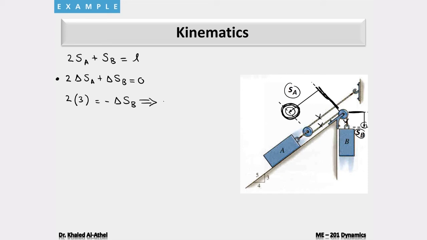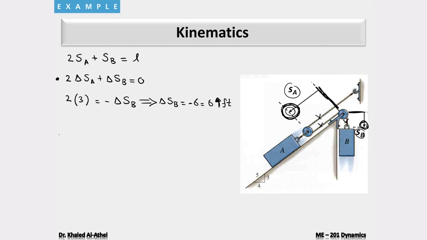This gives me that delta SB equals minus 6, or basically 6 feet upward. Because SB is positive downward, minus 6 indicates that it is 6 feet moving upward.